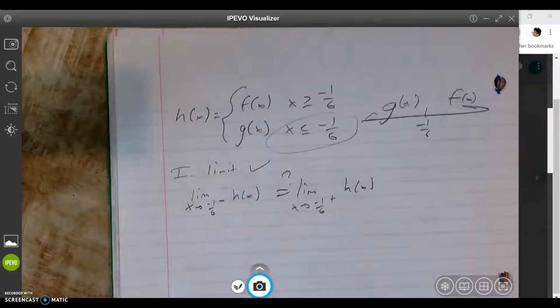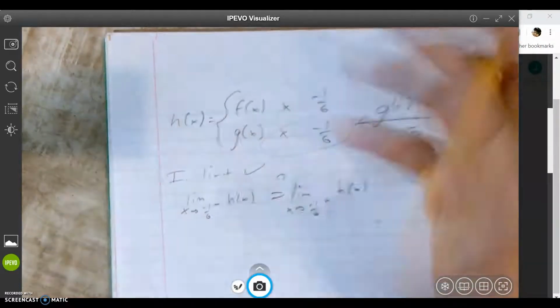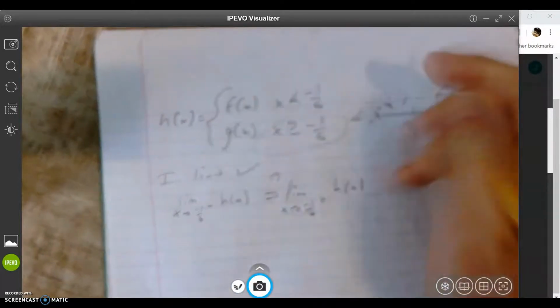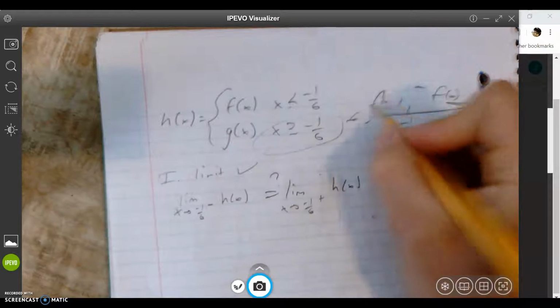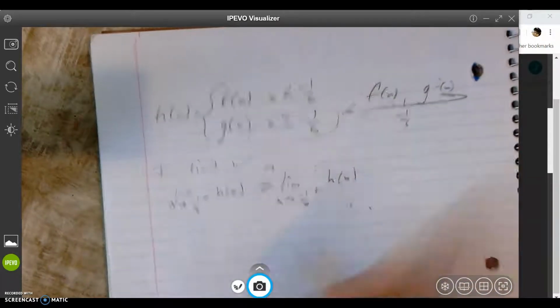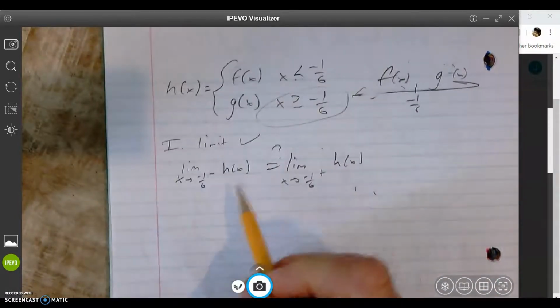This is less than, and this is greater than or equal to. So this is actually f of x when x is greater than or equal, and this is g of x when x is less. Bam. Cool.